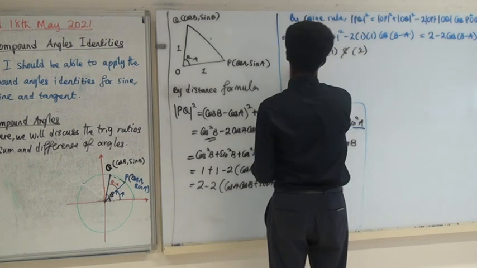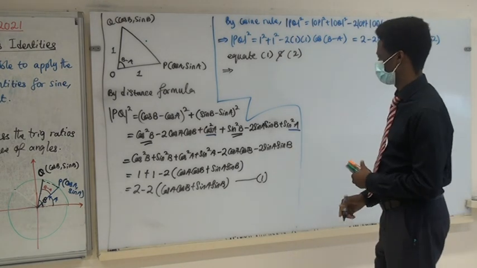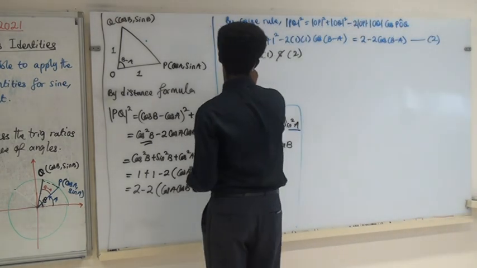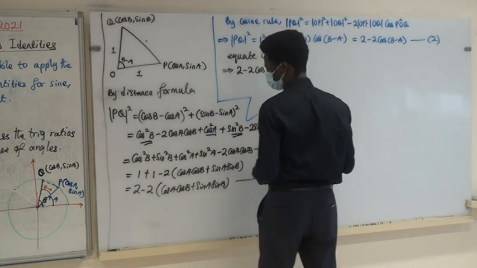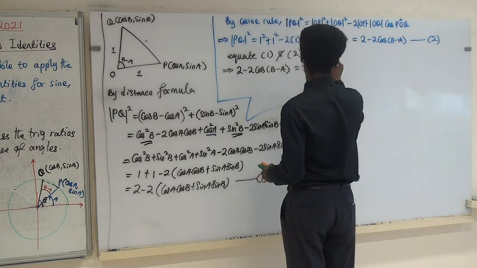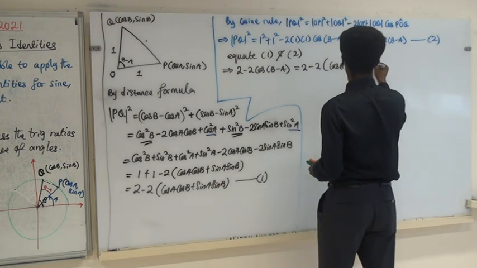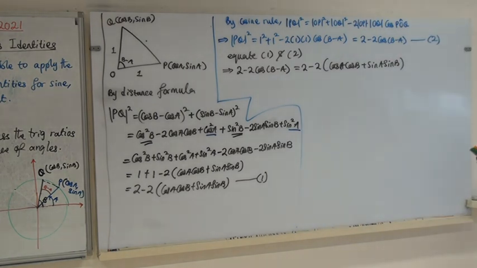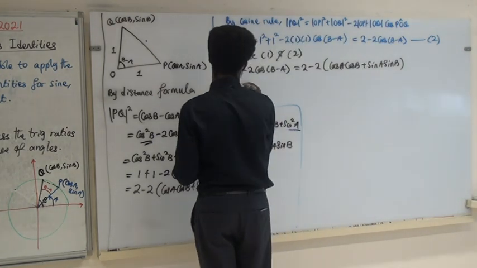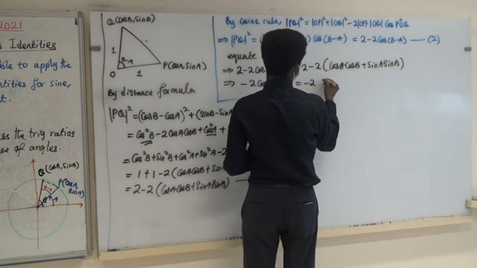If you equate 1 and 2, what does that give? 2 minus 2 cos B minus A is equal to 2 minus 2 bracket cos A cos B plus sine A sine B. The 2 cancels, and minus 2 can be divided from both sides. So if 2 cancels, we have negative 2 cos B minus A equal to negative 2 bracket.